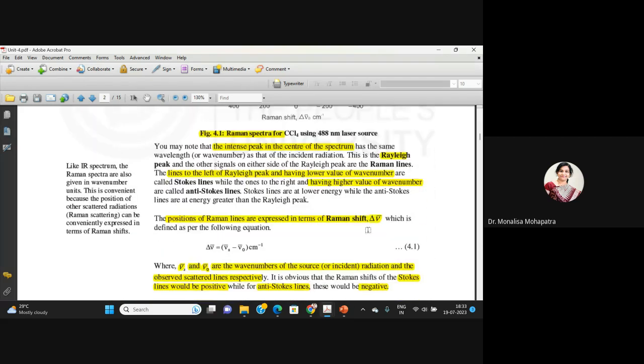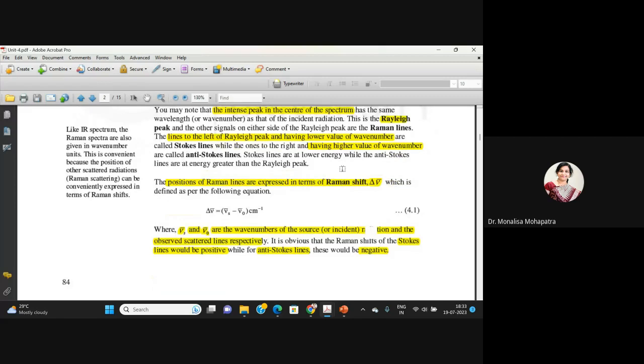Okay, so you may note that the intense peak in the center of the spectrum is your Rayleigh peak, and on either side are the Raman lines. The lines in the left of the Rayleigh peak, having lower wave number value, are called Stokes lines, and the right side, which you have observed at higher wave number value, are known as anti-Stokes lines.